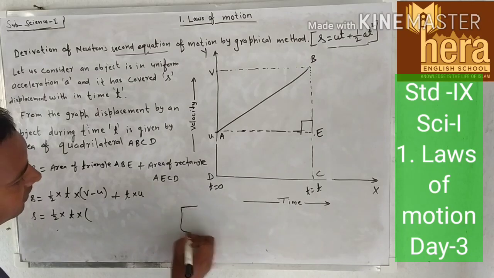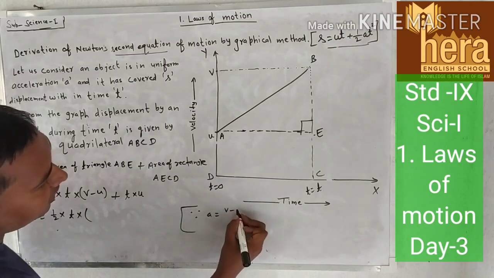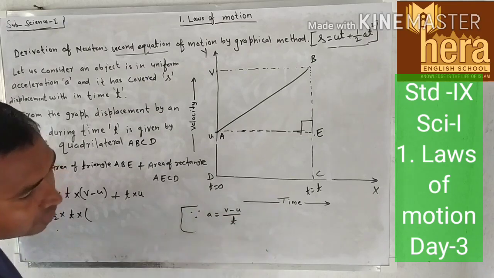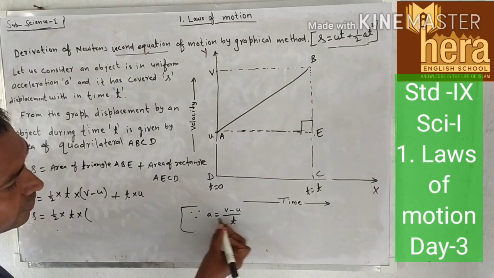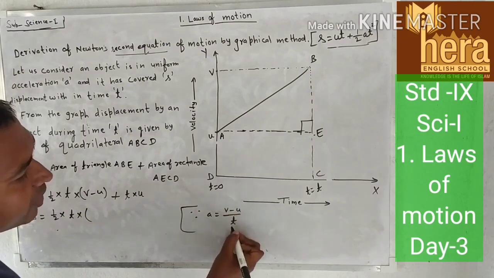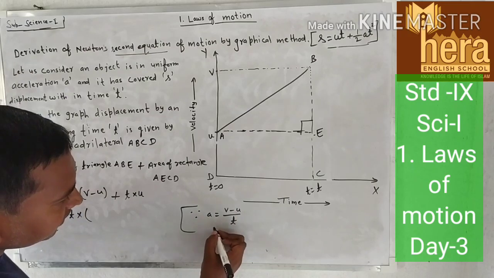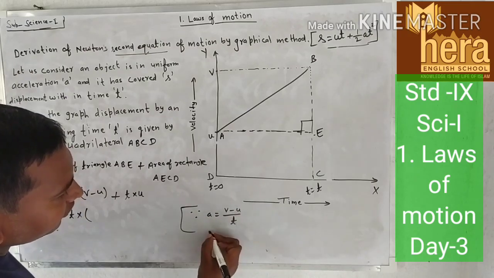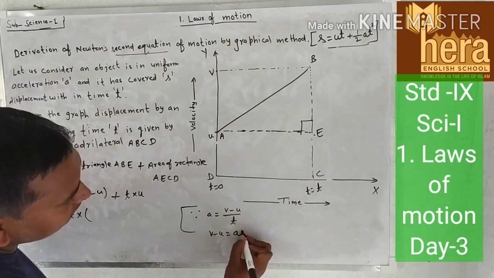Listen, since a is equal to (v minus u) upon t, yes or no? Yes. Acceleration is the change in velocity per unit time. So from here, v minus u will be equal to at.